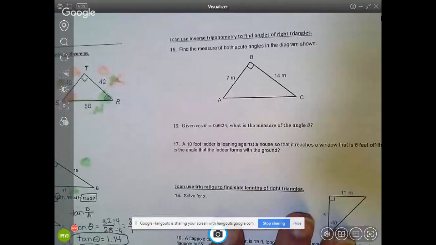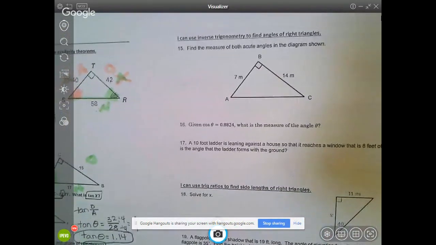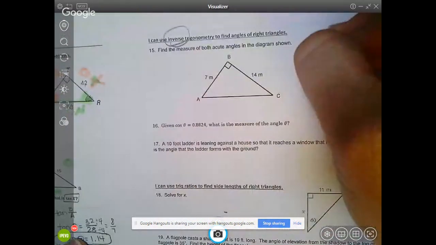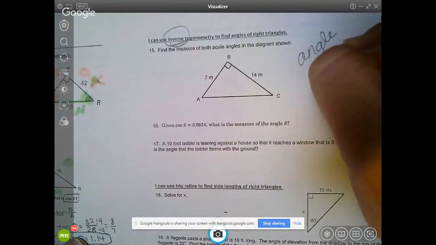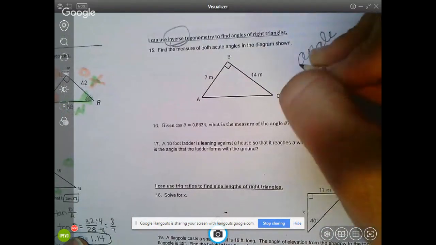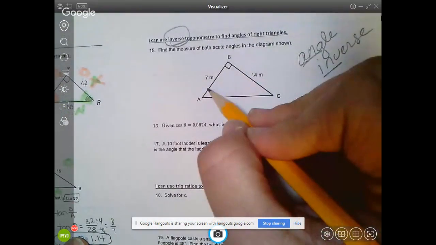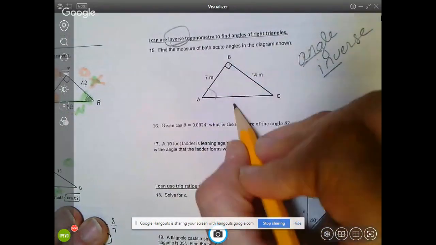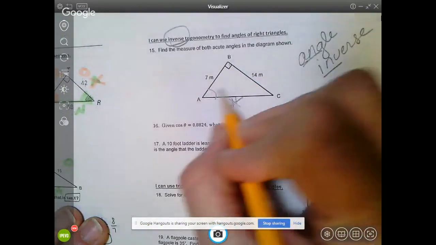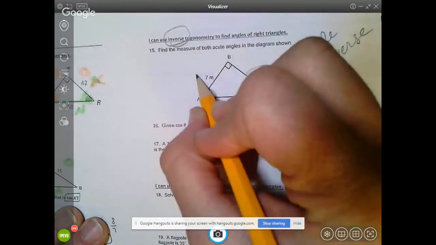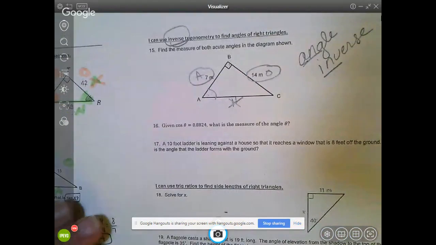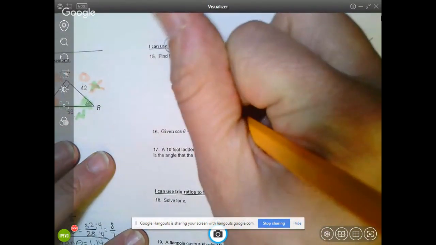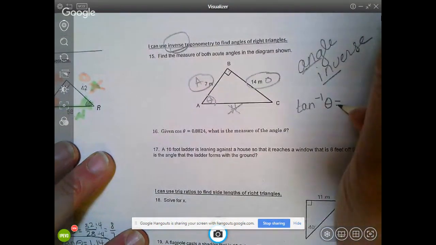Number 15. Find the measure of both acute angles in the diagram. All of these deal with inverse. Remember, anytime we see angle, we think inverse. So I'm going to pick this angle first. If I pick this angle, here's my right angle. This is my hypotenuse, but I don't need it. Here's my opposite. Here's my adjacent. Opposite adjacent is tan. So I'm going to do tan inverse of my theta that I don't know.